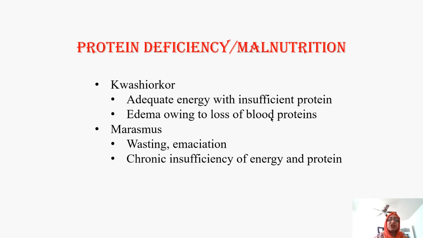So what's the correlation between blood proteins and edema? The blood proteins contain, or one of them is called albumin, and the albumin is found in the blood vessels, holding water inside the blood vessels. If we lose those albumins, or if we have a low level of albumins, then the water will diffuse from the blood vessels into the space between the vessels and the cells.